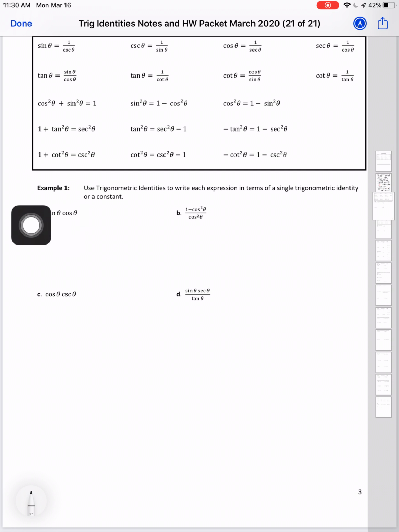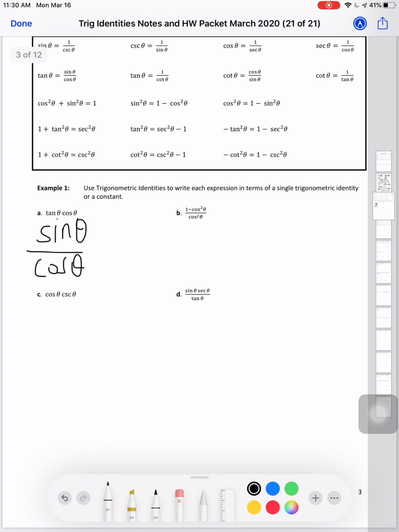So if the tangent of theta is equal to something that relates to the cosine of theta, then what I would do is I would write the sine of theta over the cosine theta as a substitution for the tangent of theta. Then I'm still going to multiply by the cosine of theta, and when I do that, that's over 1, and I can imagine that those two are going to divide out.